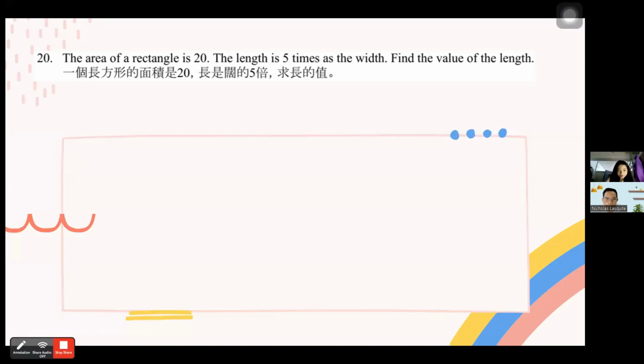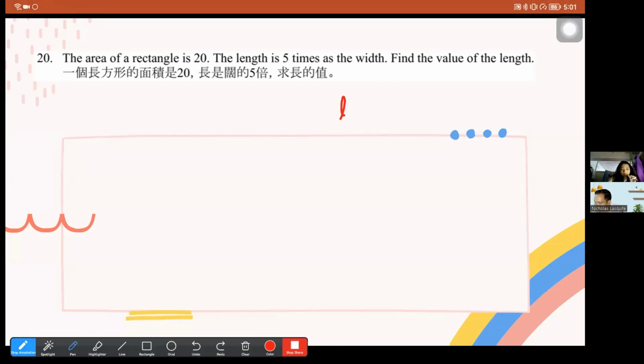Okay, so let's answer number 20. Just like what you said, the width is 2 and the length is 10. Because length times width is equal to 20, and the length is 5 times your width. So instead of writing length, you write 5w times w is equal to 20.